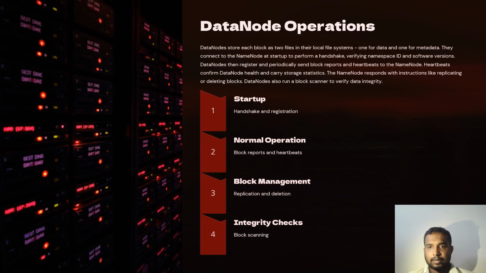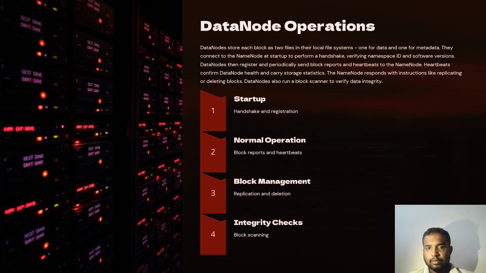Data node operations. Data nodes store each block as two files in their local file system, one for data and one for metadata. They connect to the name node at startup to perform a handshake verifying namespace ID and software versions. Data nodes then register and periodically send block reports and heartbeats to the name node.